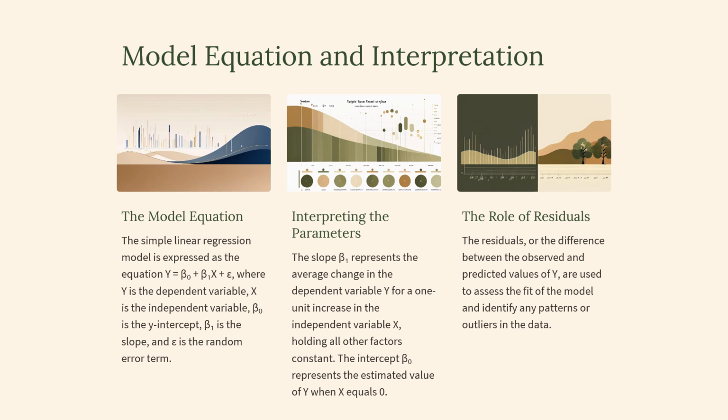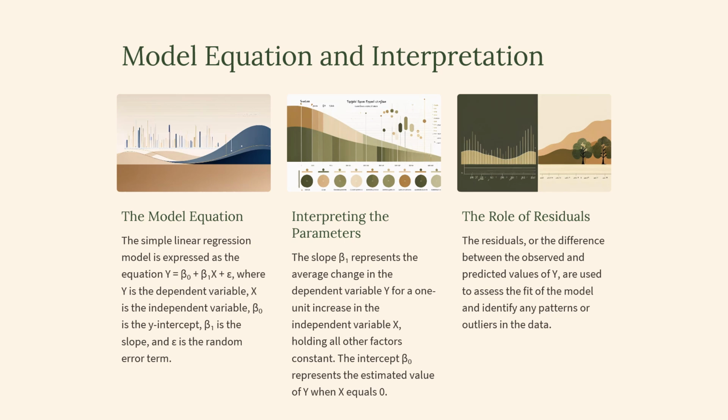Interpreting the parameters. The slope beta 1 represents the average change in the dependent variable y for a 1 unit increase in the independent variable x, holding all other factors constant. The intercept beta 0 represents the estimated value of y when x equals 0.